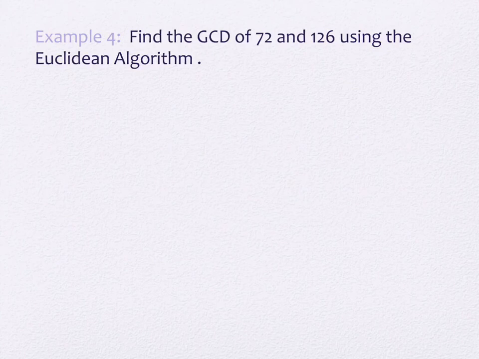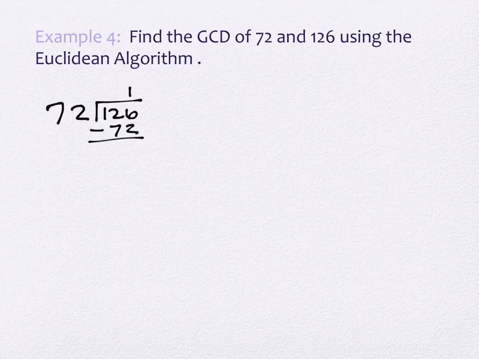So you take the bigger number, 126, and you divide the smaller number, 72, into it. Okay, so always the smaller number going into the bigger number. How many times will 72 go into 126? Once. And if I subtract, 1 times 72 is 72, I get 54.